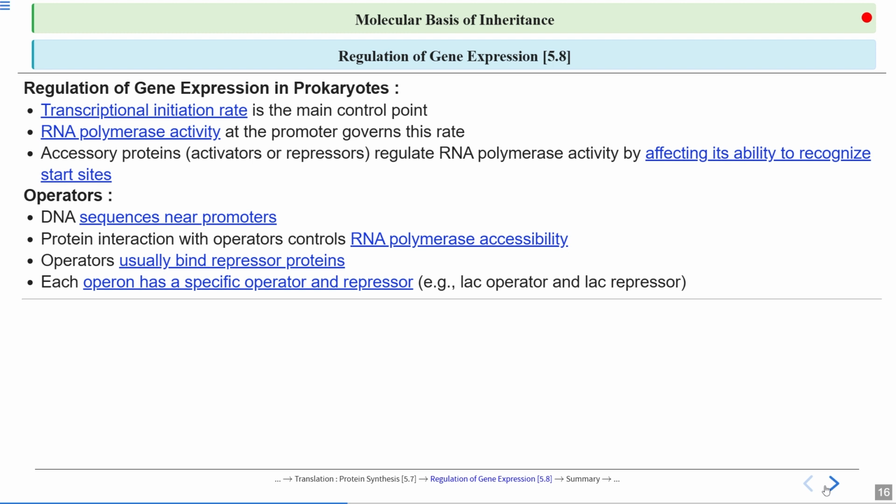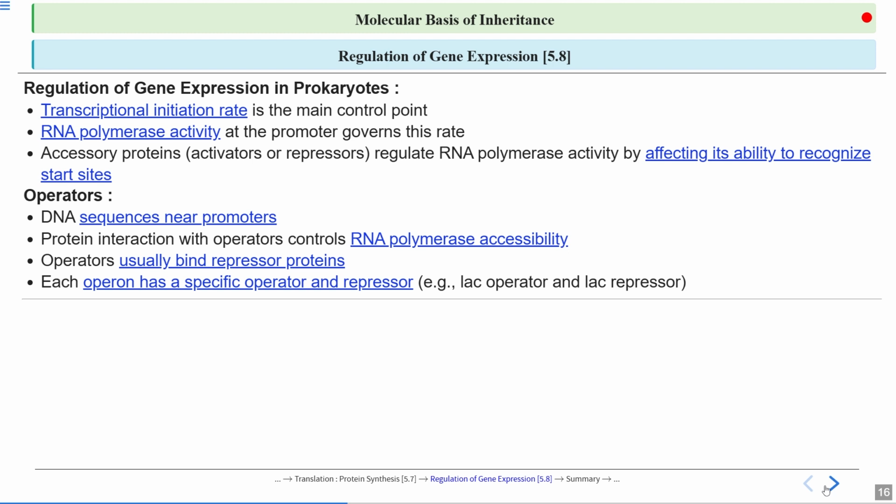But there are some accessory proteins like activators or repressors that can regulate this RNA polymerase activity by affecting its ability to recognize the start sites.